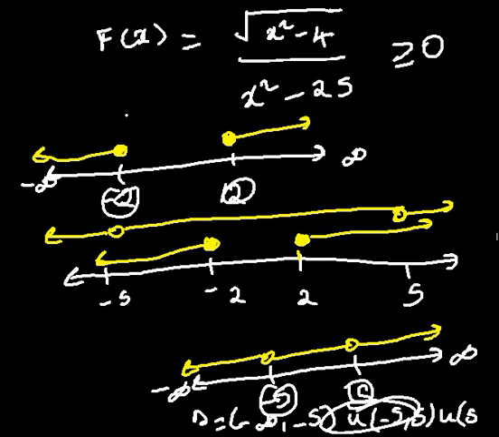So the set of the domain will have the whole of this one, that one, this one, and also this one as well. That will be the set of the domain.